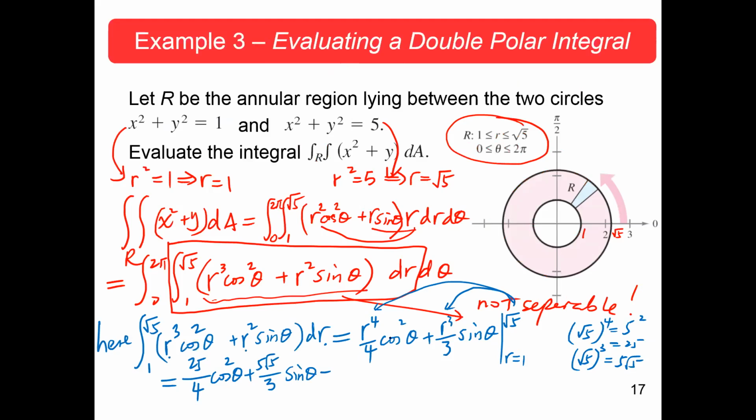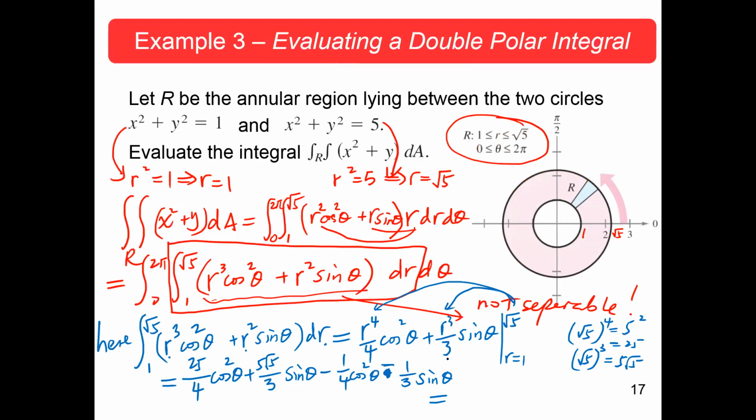And subtract whatever you get for radius equals 1. So 1/4 cosine theta squared plus, I'm going to further subtract, 1/3 sine theta. Is everything good? Yep.